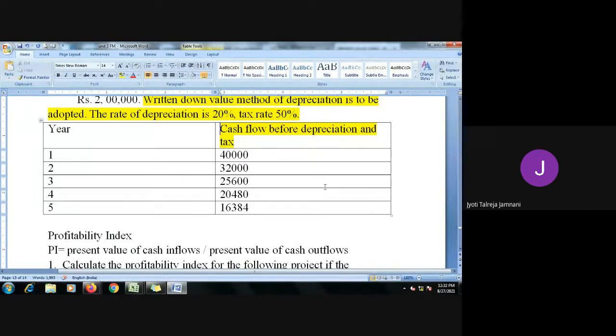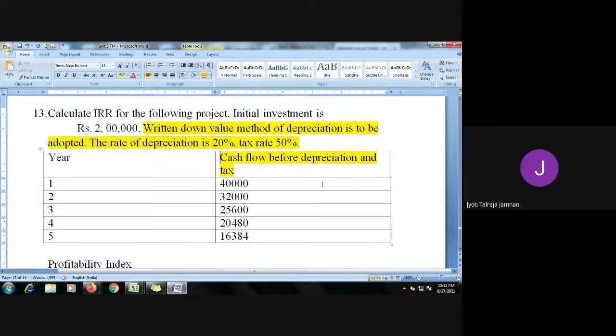For that we need to do a working note on depreciation. I had done a similar sum for NPV, wherein we found the present value of cash flows. But here the difference is that there we used the straight line method of depreciation. Here they are asking us to use the reducing balance method of depreciation and the rate given is 20%.